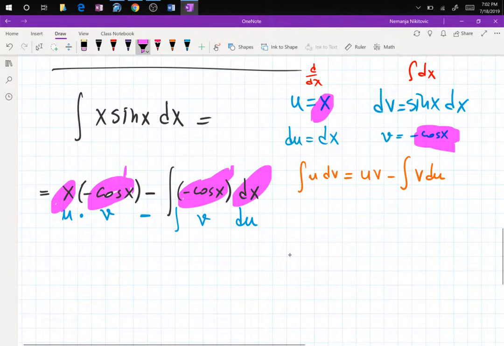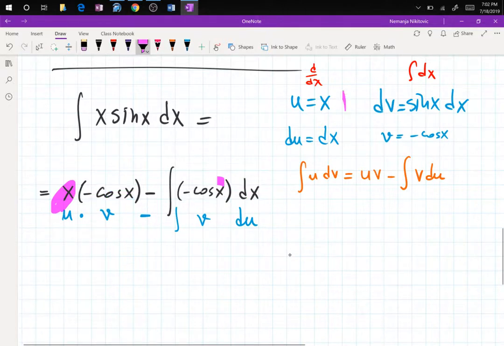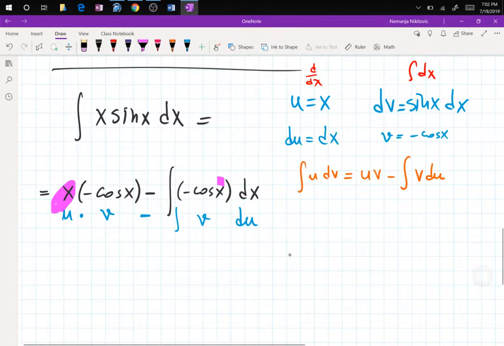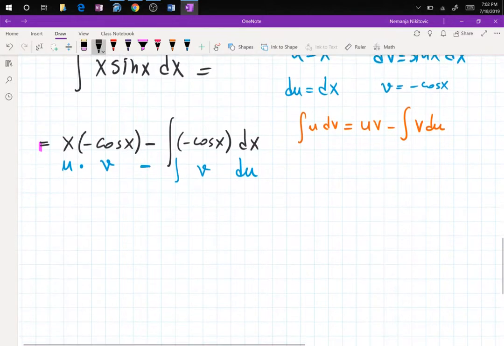So just copy and paste, no calculations. The only calculation you did so far was to take the derivative here and to integrate there. That's it. To write the integration by parts over here, all you need to do is copy and paste all of these in their place.